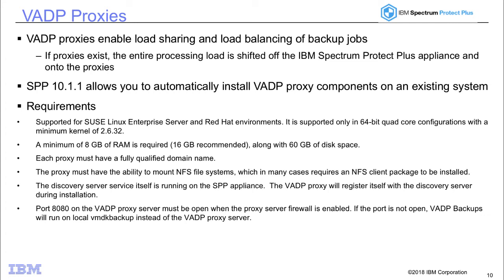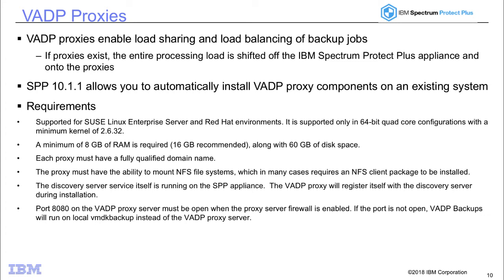Well, in previous versions of the product, or in version 10.1, you had to manually install those proxies. And a new enhancement in version 10.1.1 allows you to automatically install the VADP proxy components onto an existing server.